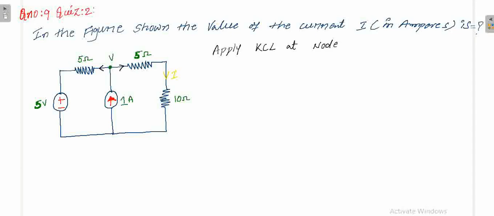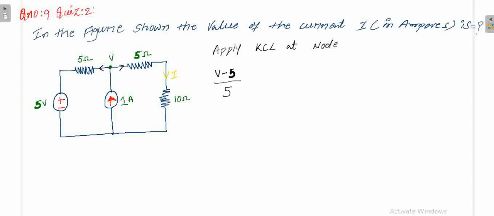Always the current moves from higher potential to lower potential. So from V it is moving into this branch. V minus, this source is pointing to the positive terminal, so V minus 5 by the resistance, which is 5. If I have minus plus, here you will get plus, V plus.